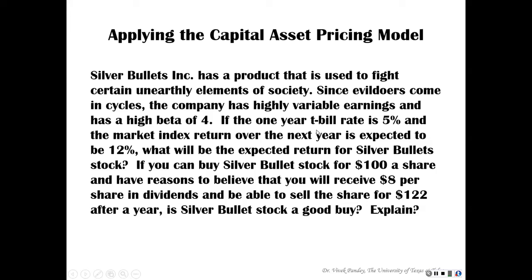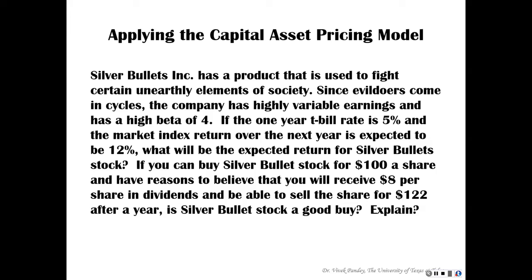If the 1-year T-bill rate is 5% and the market index return over the next year is expected to be 12%, what will be the expected return on Silver Bullet stock? If you can buy this stock for $100 a share and have reasons to believe that you will receive $8 per share in dividends and be able to sell for $122, is this stock a good buy?